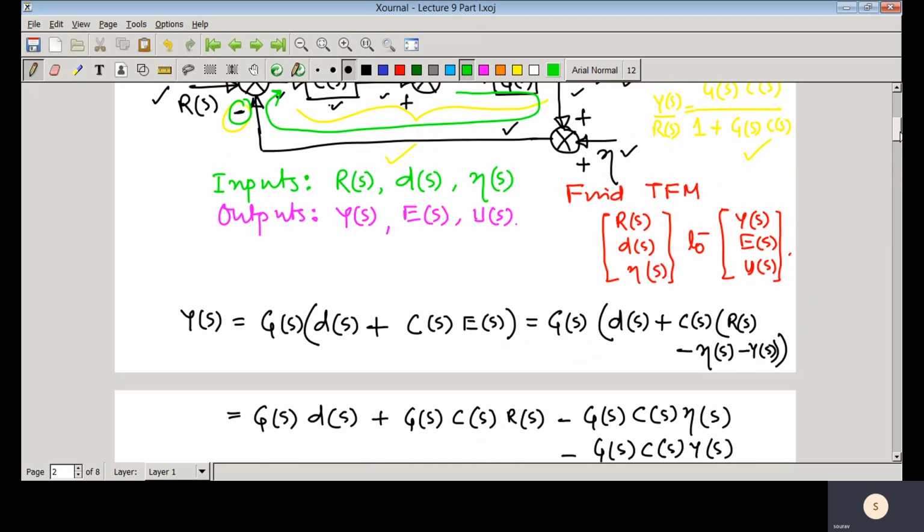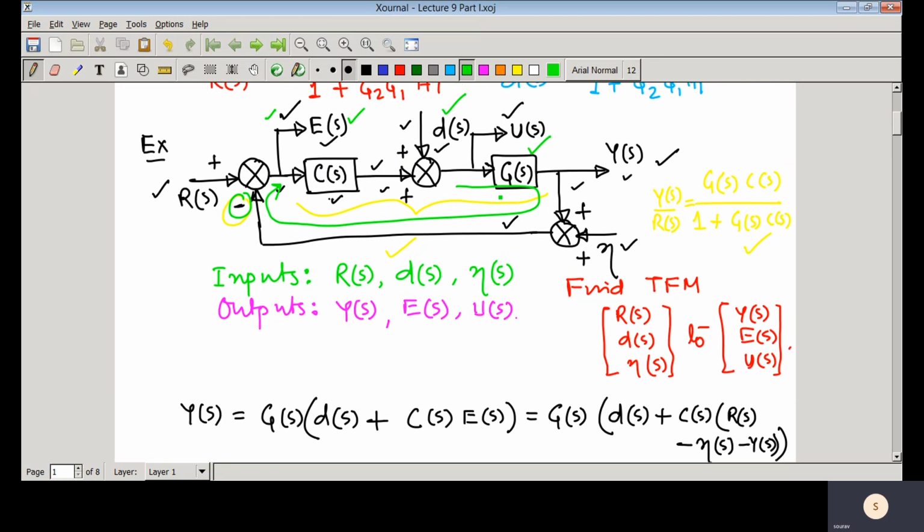You can see here again the forward path. Then this is actually the feedback path, only this portion from here to here, and here you can see that it is using positive feedback.